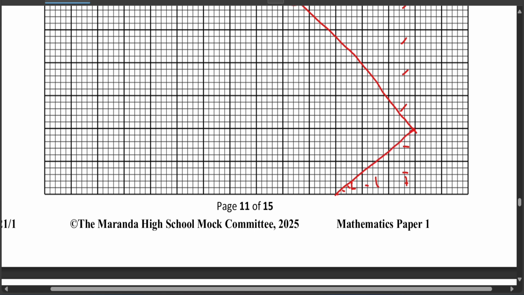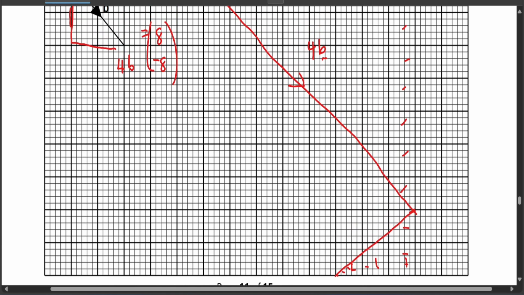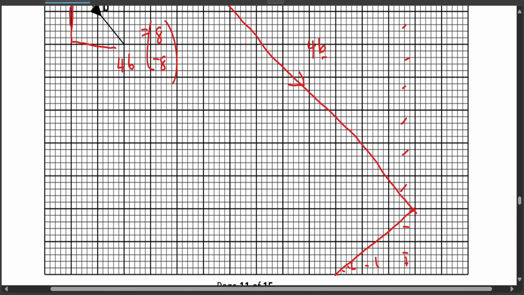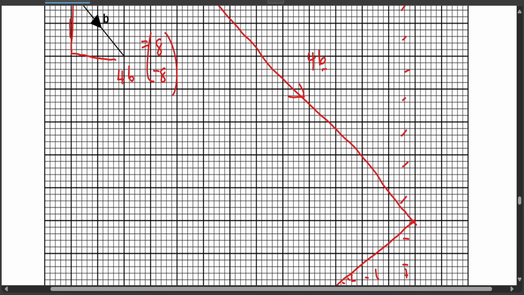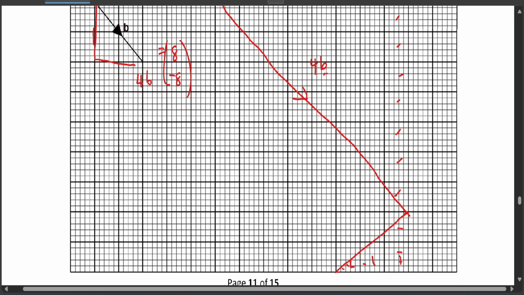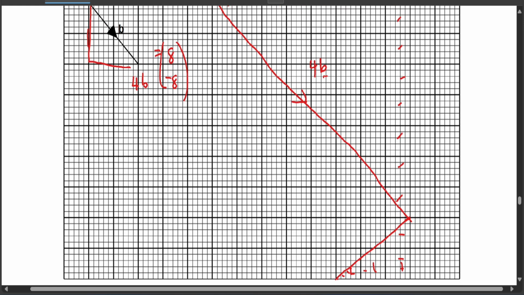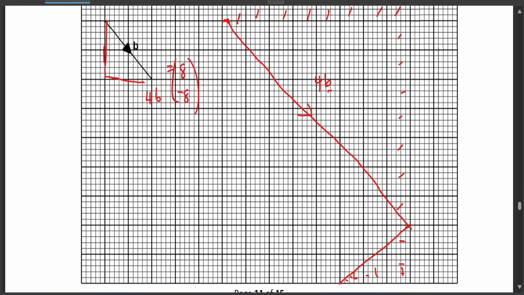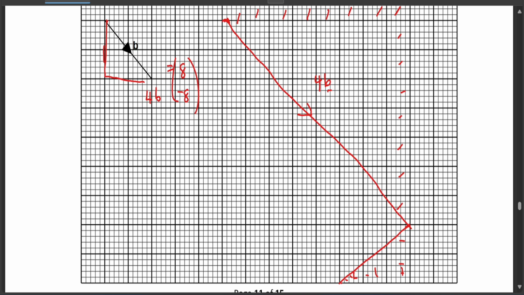So now your 4b minus A, let me just put it up a little bit more. So your 4b minus A will be here, down here. So for A, since it is negative, you will show it like this.